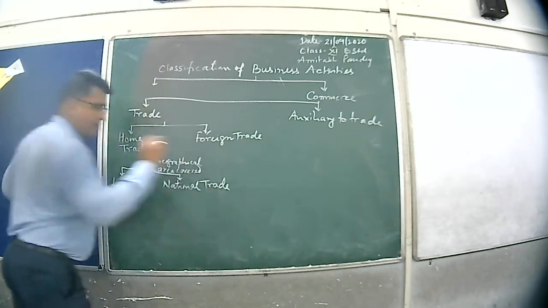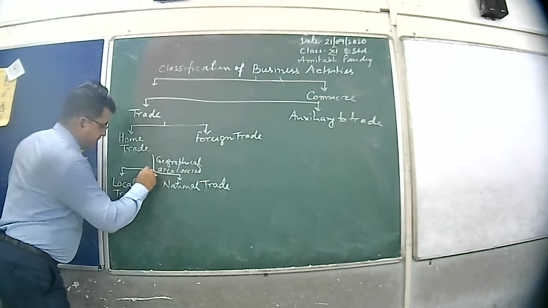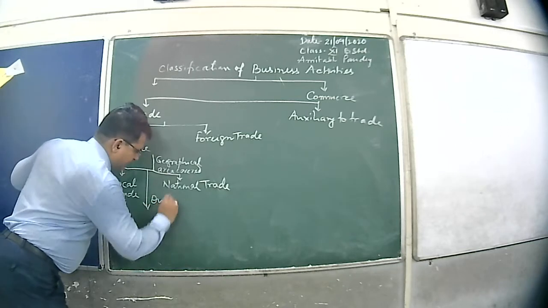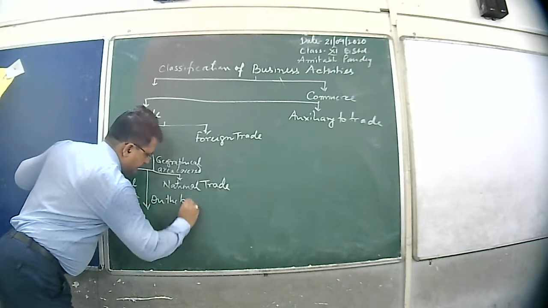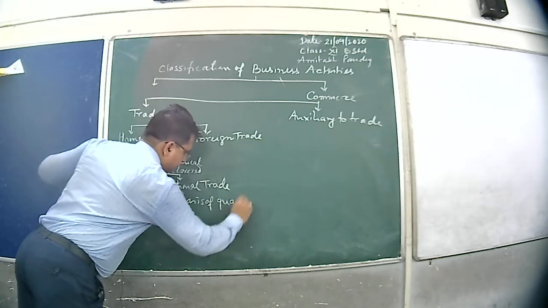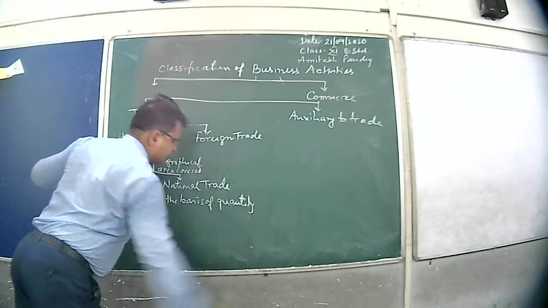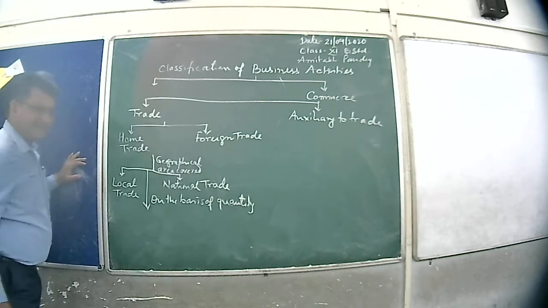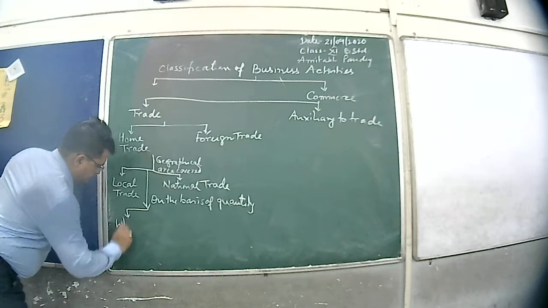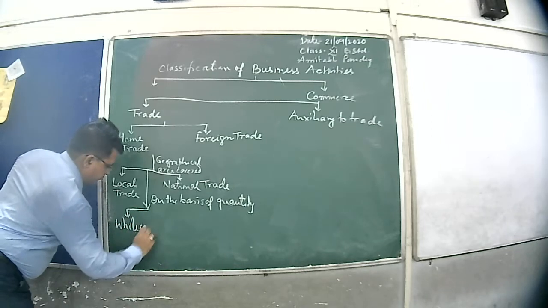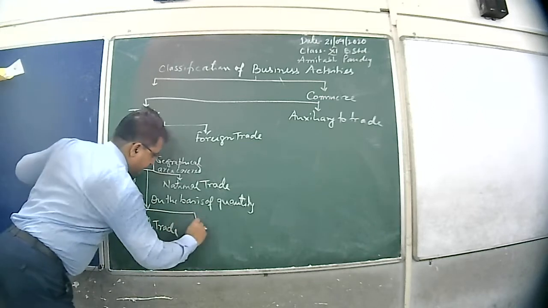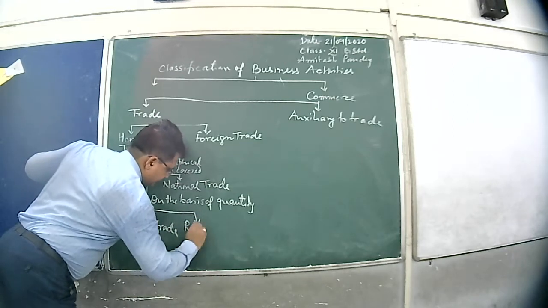But on the basis of quantity in which goods are sold, purchased, you have two classifications: wholesale trade and retail trade.